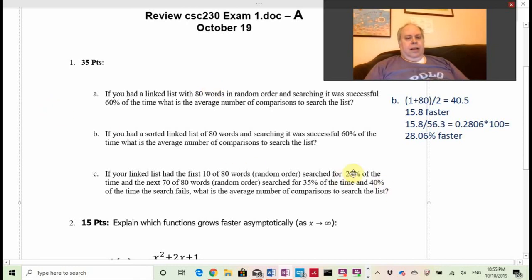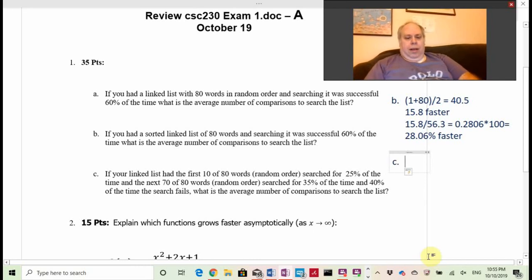Instead of the first 10 being 7.5% of the time, the first 10 are 25% of the time. So that shortens the searching time. Now they're all equally likely, so if it's one of the first 10, you're equally likely to find it.